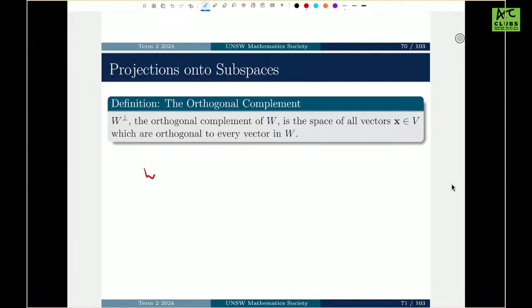So we can write that the orthogonal complement is the set of x, an element of V, where W is a subspace of V. So if we pick any x in V, then the inner product of x and w equals 0 for all w an element of W. So we say that it's orthogonal to everything in W, which kind of makes sense.